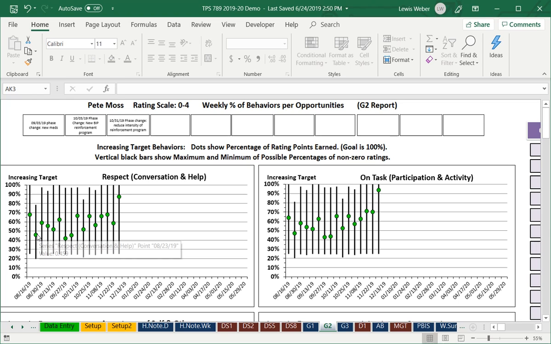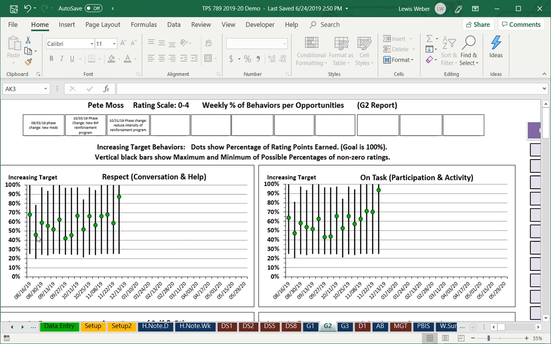And we see that the dot is kind of midway on this bar, which means that Pete is earning some ones and twos, occasional threes, and so forth for the week because the dot is lower than the midpoint on a 1 to 4 scale.